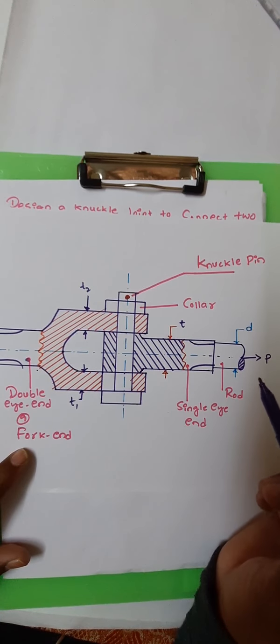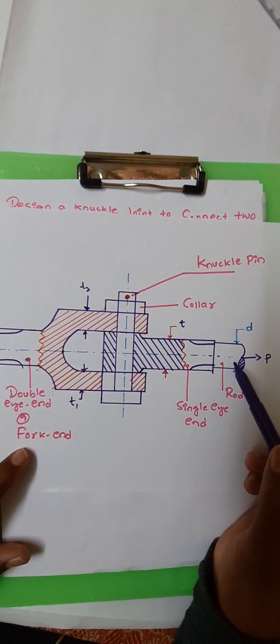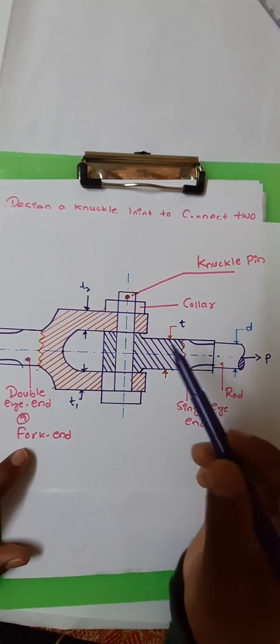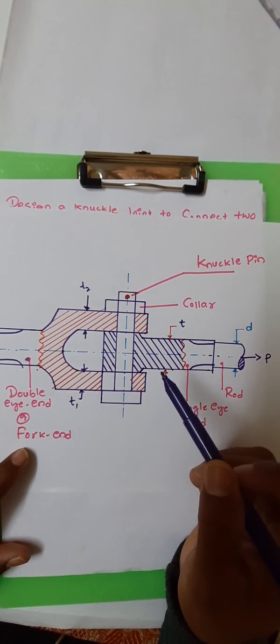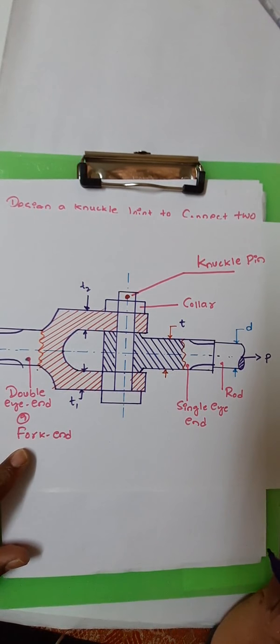So first we need to discuss the diameter, the design of rod and rod end. Next we need to go for the design of collar, the design of knuckle pin, the design of fork, and the design of eye. One by one we will discuss.